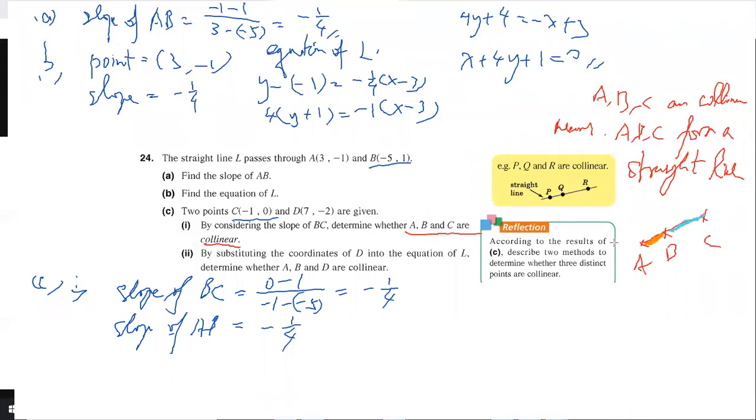It is the answer of part A. Therefore, we can say that A, B, C are collinear, because they have the same slope. Different parts of the straight line are having the same slope, so we can say that these 3 points are collinear.